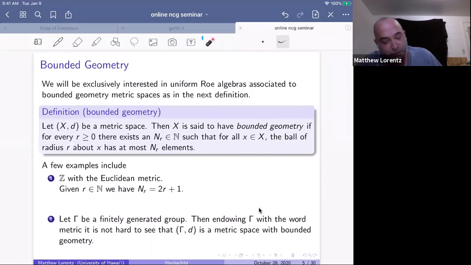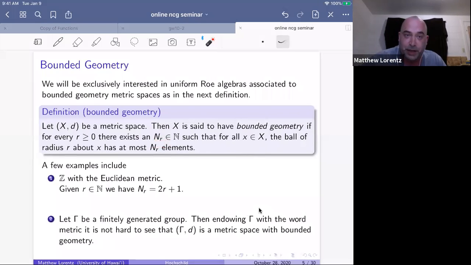by bounded geometry metric space, I mean, if we take a ball of radius r, anywhere, there is an n_r such that the ball contains at most n_r elements. So we can take a ball, we can place it anywhere, and that ball will contain at most n_r elements.